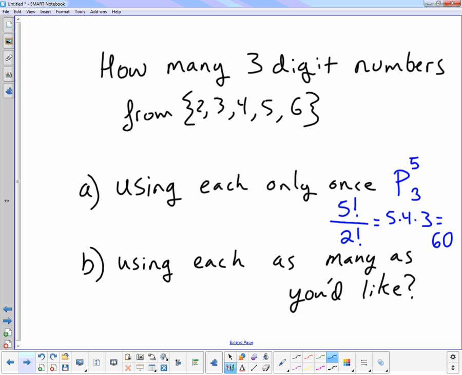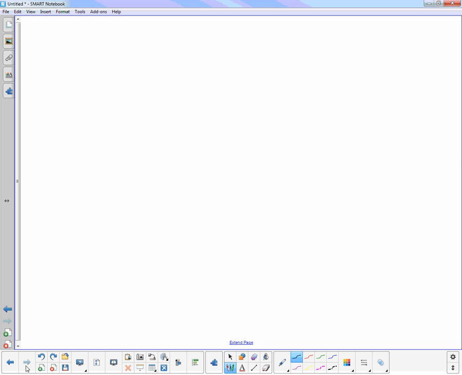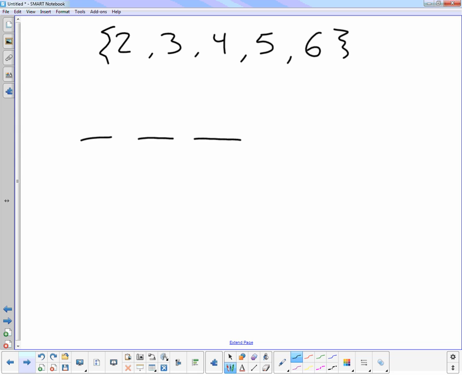Good. Now, with part B, let's look at this a little bit differently. In a problem like this where you're scratching your head and you're wondering just how to play this game, draw out some lines, start filling in some numbers. If I have 2, 3, 4, 5, and 6, and I have to choose 3 items, how many choices do I have for the first space? 5.